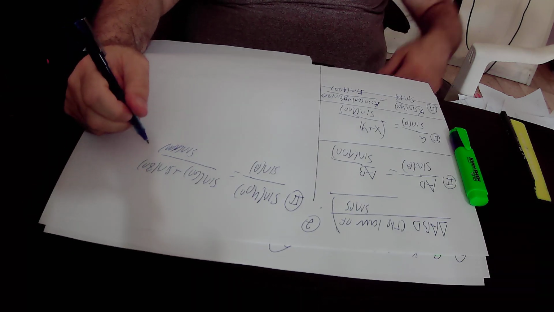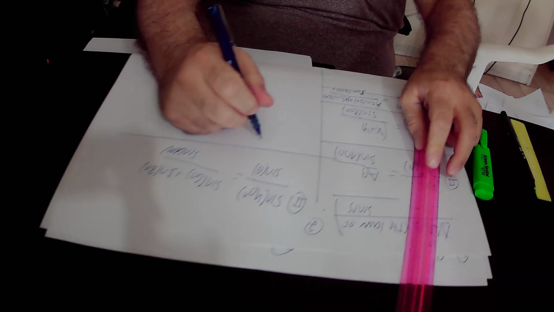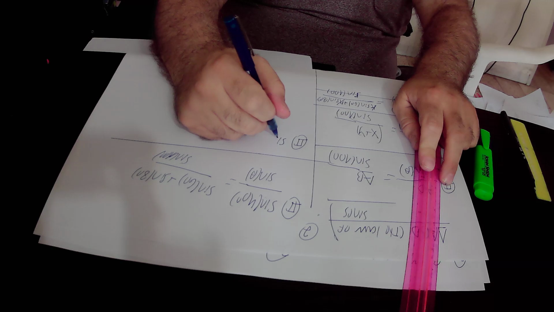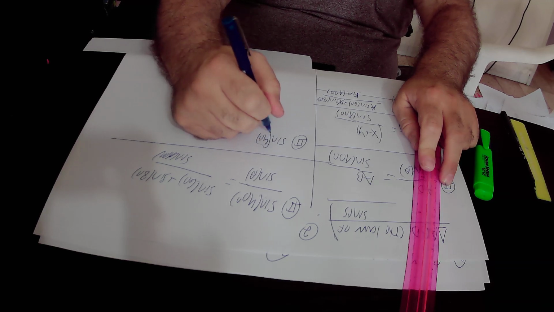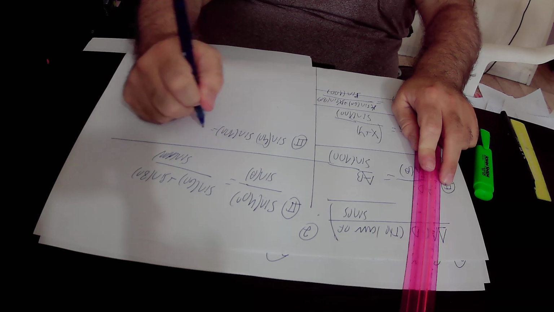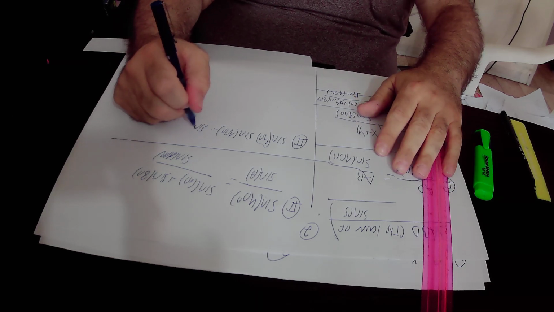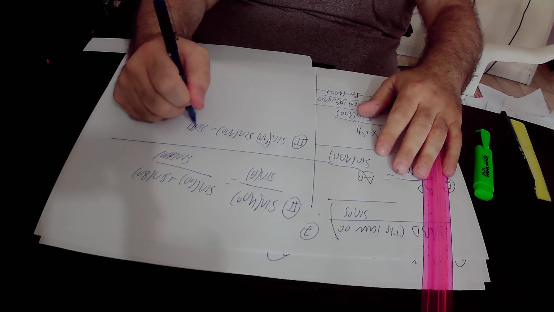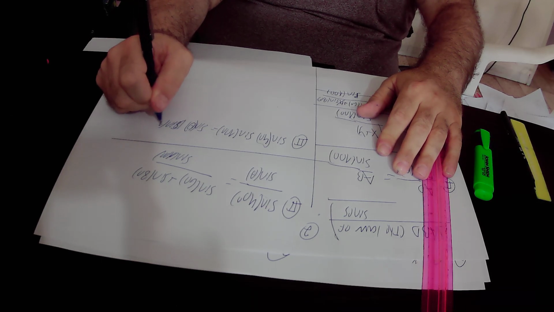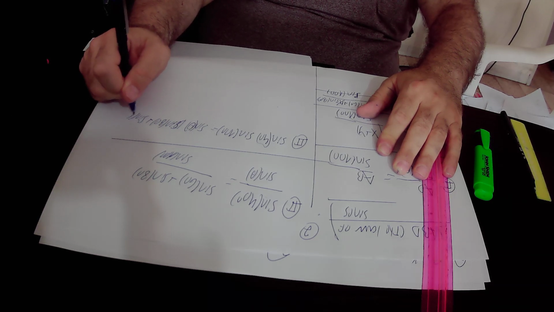Okay, here we cross multiply this equation number 2, and we get that according to equation number 2, sine 40 degrees times sine 100 degrees is equal to sine theta times sine 80 degrees plus sine 60 degrees.